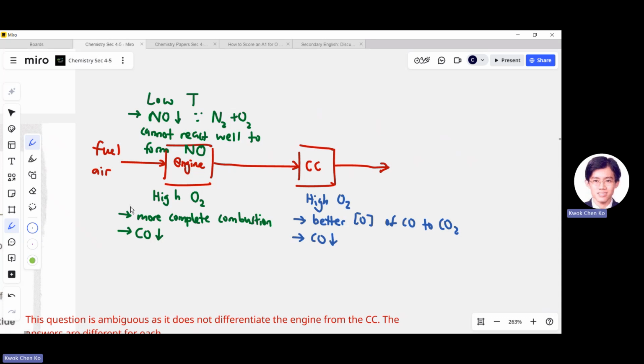But what else? Now, since you have high O2, it means, this one is a bit tough. This one is maybe a new concept to you. It means the environment is more lean towards oxidation.